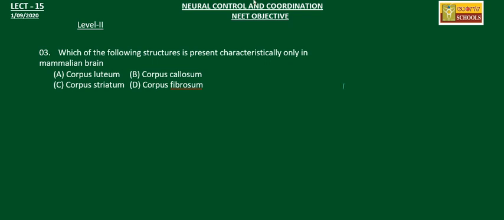It is formed from the Graafian follicle and is responsible for producing a hormone called progesterone. Hence that is not a part characteristically only in the mammalian brain. The question asked about the mammalian brain, whereas the corpus luteum is a part of the ovary.